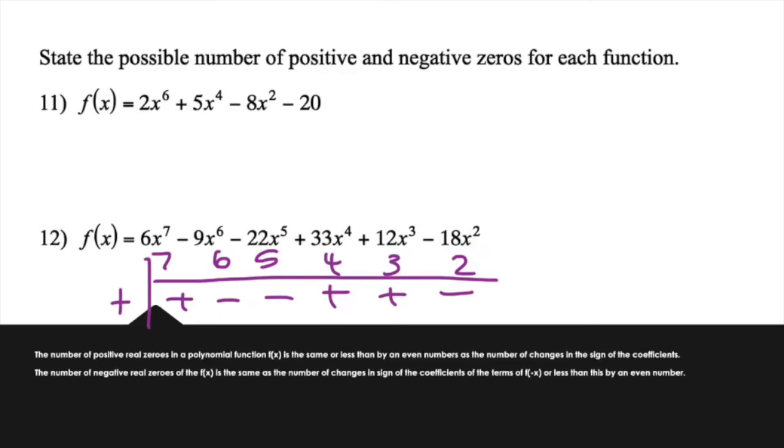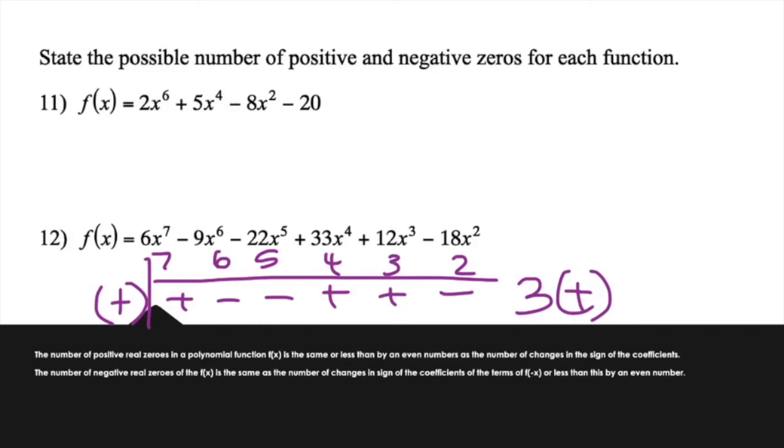I am using these to test how many positive real zeros, and I look for sign changes. There's 1 right there, 1 right here, and 1 right here. There are 3 sign changes. So I have 3 possible positives.